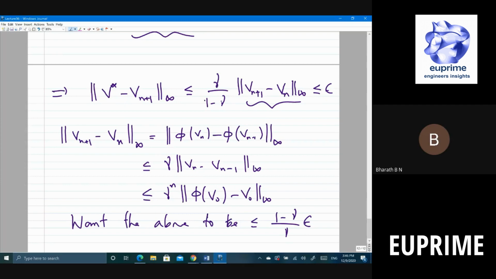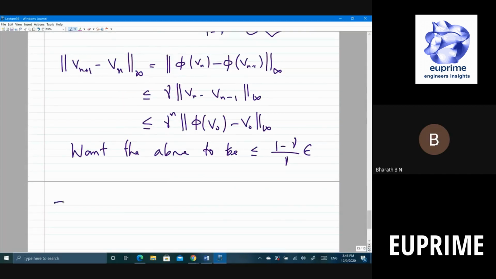That's what we want. Do you agree? Is that fine? Okay. So this implies that (1 minus nu) over nu times epsilon is less than or equal to nu power n times the infinity norm of phi of v naught minus v naught.